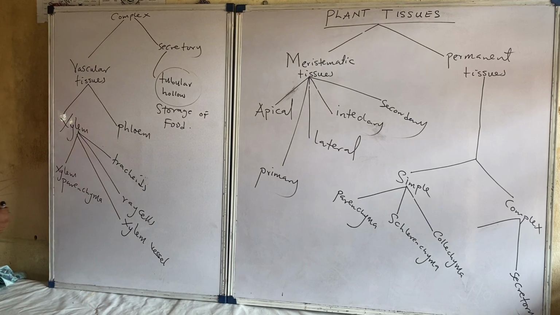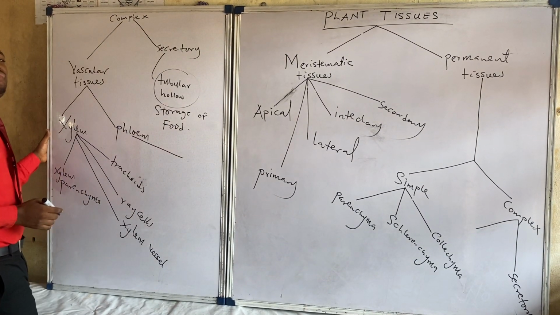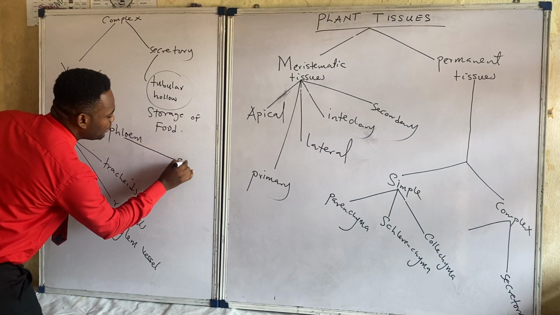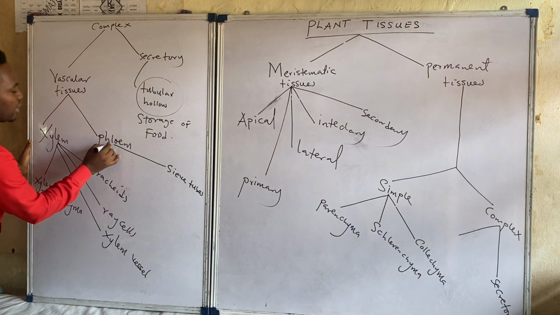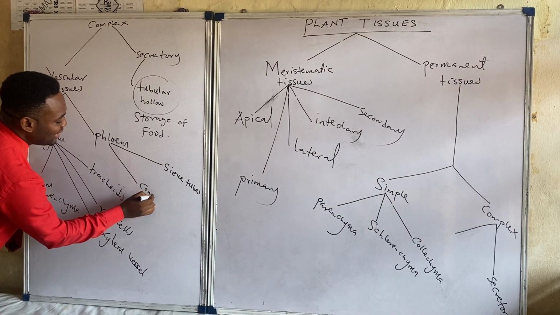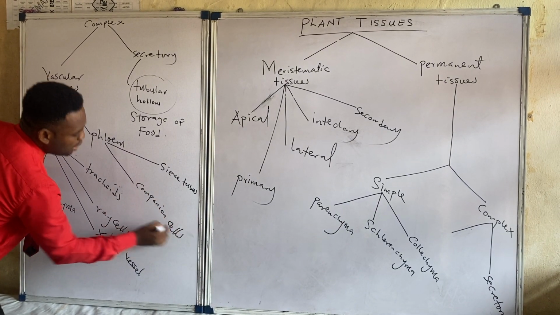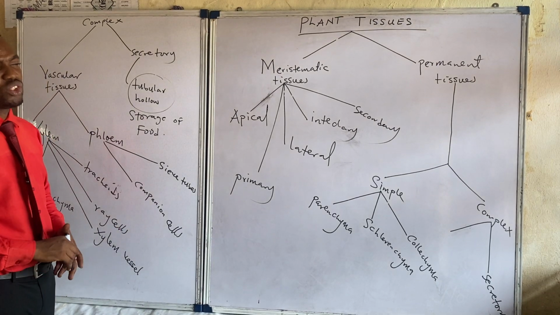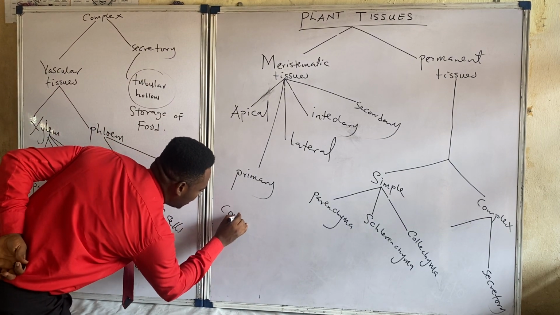What about the phloem? Using my flowchart again. For the phloem, we have the following. Alright. We have the sieve tubes. Very important. We have companion cells. Please take note of the companion cells. The one we have in past questions is wrong. That is written like this.